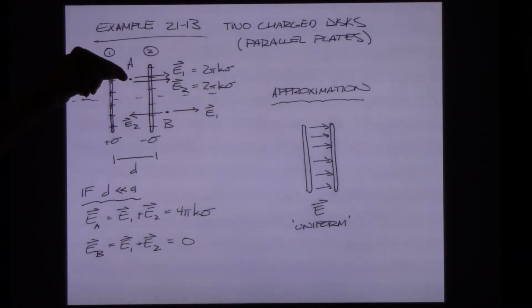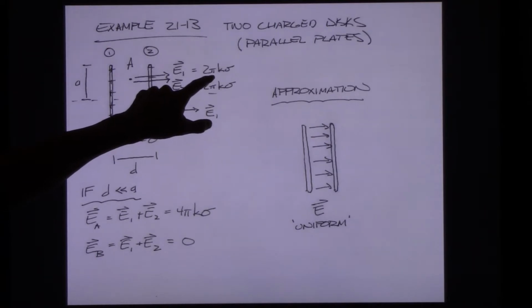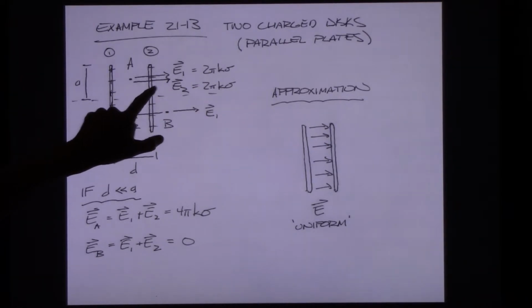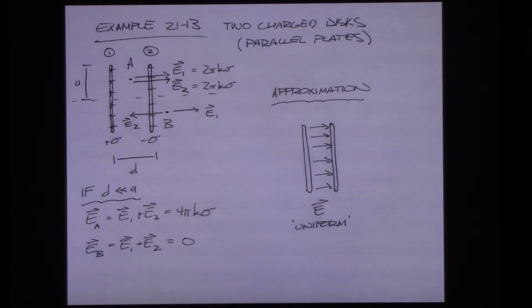If I'm at a point between the two plates, the claim is that I'm close enough to this plate that I can use the approximation 2 pi k sigma. And I'm close enough to this plate that I can use the approximation 2 pi k sigma. I can treat it as if I'm right up against both of the plates.